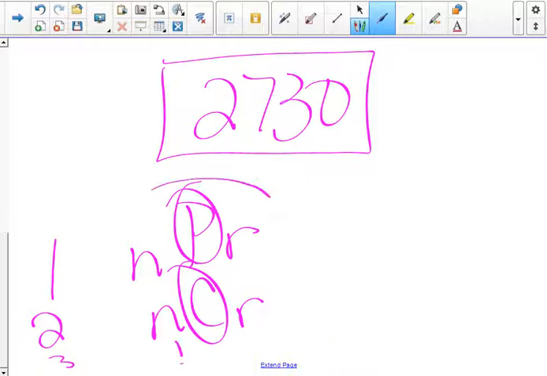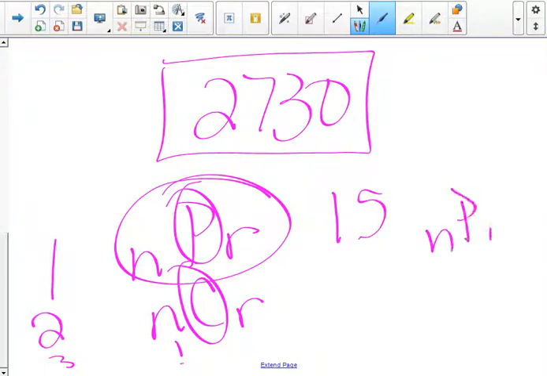Well, we're doing permutation right now, so let's select 1. So I'm going to press enter. So now my screen looks like this, 15 nPr, and now there were 3 places, so I'm going to press 3 and press enter.